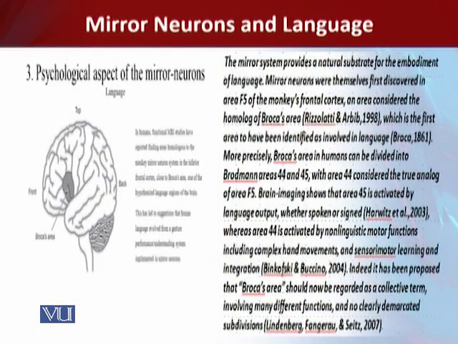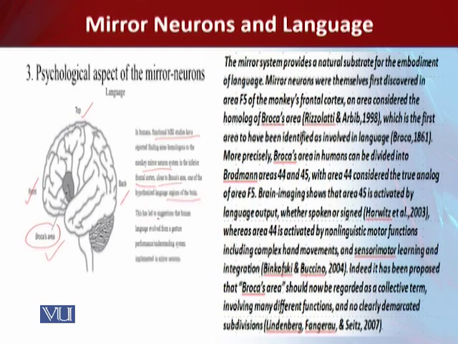Now, on the image you can see Broca's area, responsible for language, with the top, front, side and back views. In humans, functional MRI studies have reported areas homologous to the monkey mirror neuron system in the inferior frontal cortex, close to Broca's area, one of the hypothesized language regions of the brain.